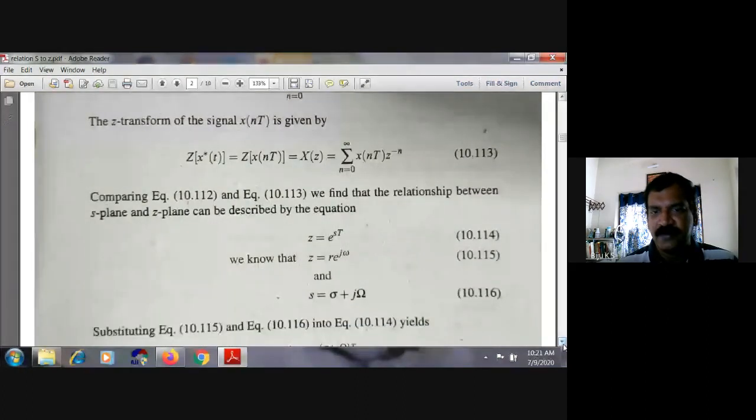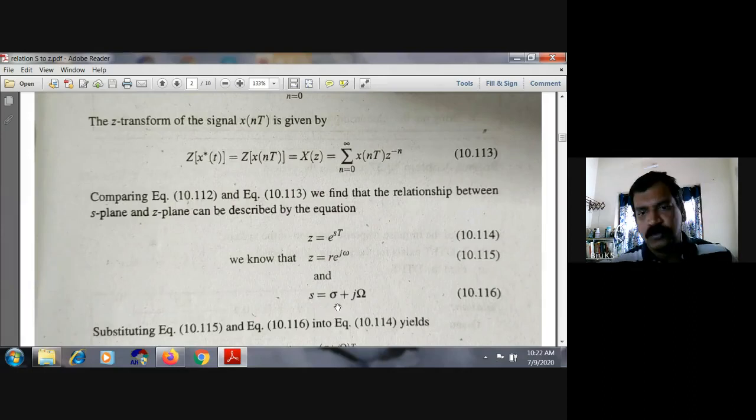So what is z? Z is represented in polar form. The polar form is r into e raised to j omega, where r is the magnitude of the vector and the angle is omega. The vector rotates in the Z plane, and s is equal to sigma plus j capital omega.